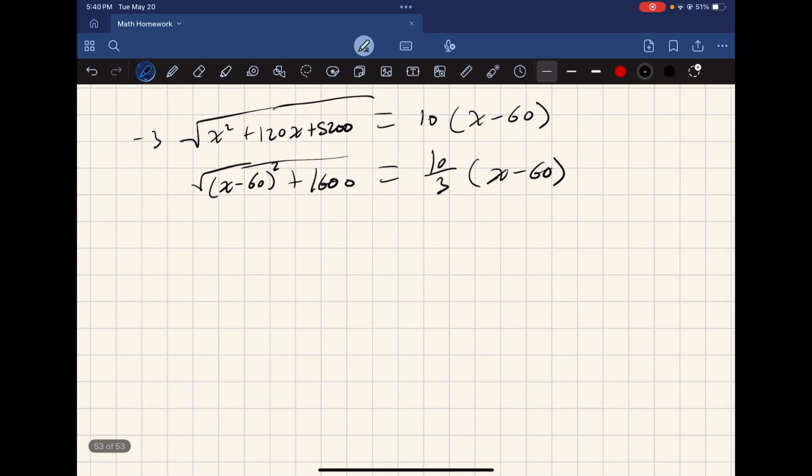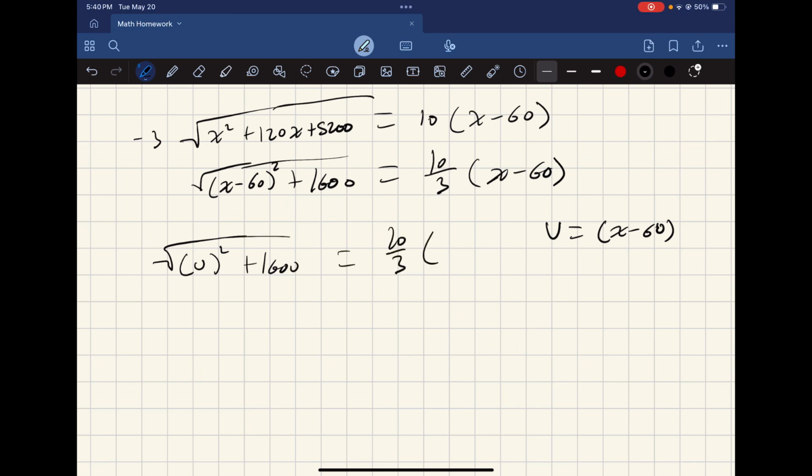Now with this, we have x minus 60 on both sides, and we'll make that a substitution for u. So u is going to equal x minus 60. Now we have the square root of u squared plus 1600 equals 10 over 3 u.